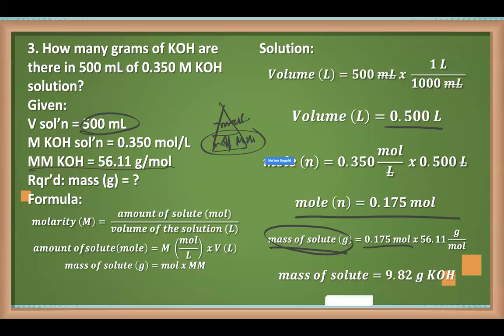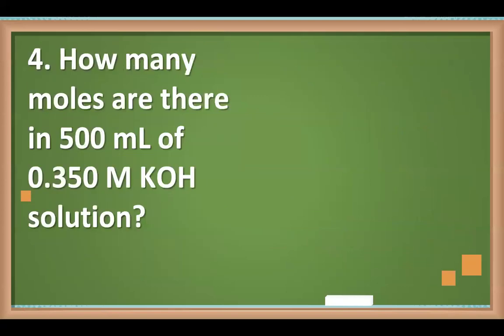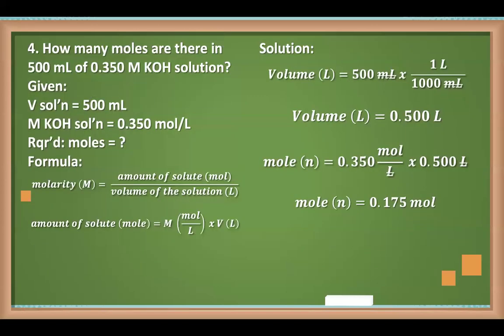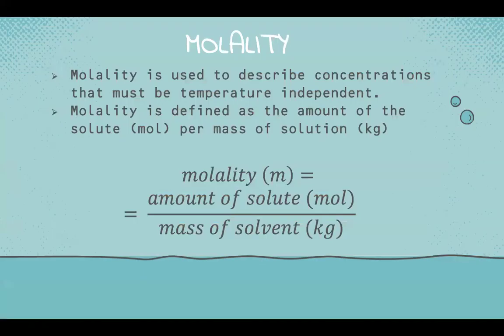So the final answer is 9.82 grams of potassium hydroxide. Did you get it correctly? All right. You can skip this next problem because it is somehow similar to the third one.